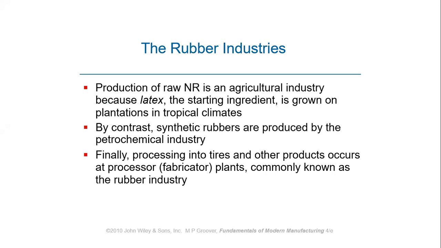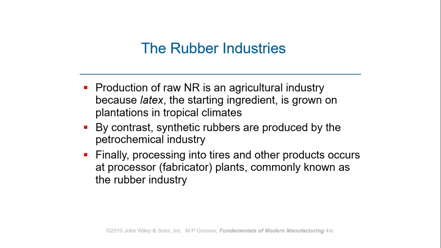To talk about the rubber industry, natural rubber comes from a plant, and then that is developed into the raw rubber by some processes that we'll talk about. This is basically the agricultural industry. The manufacturing of natural rubber involves the agricultural industry.